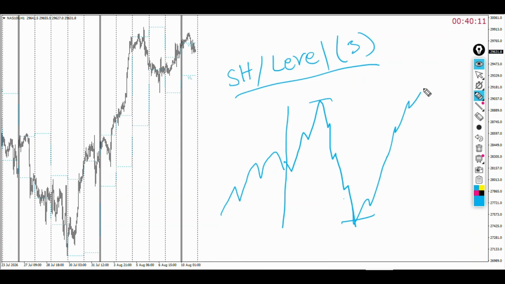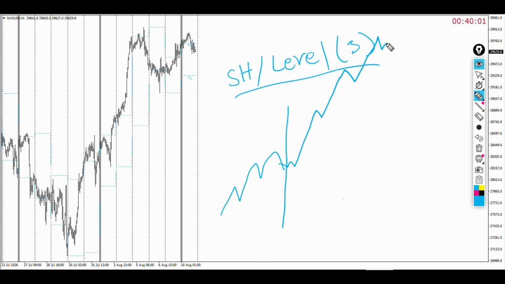Then we may expect a reversal, or after the CIB it can go more than three levels. Let's say for example 600 or 700 pips. If it goes more than three levels, that means it may continue in the trend.